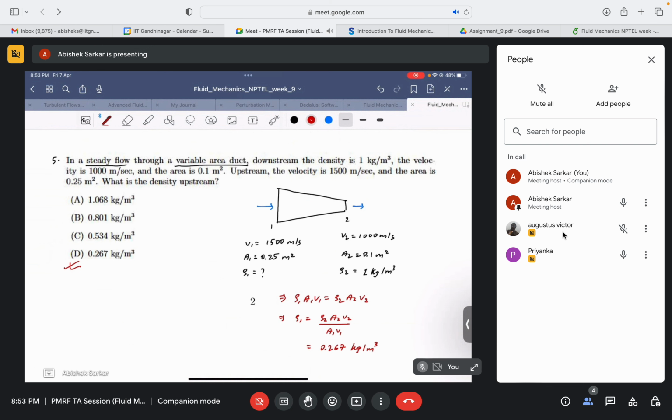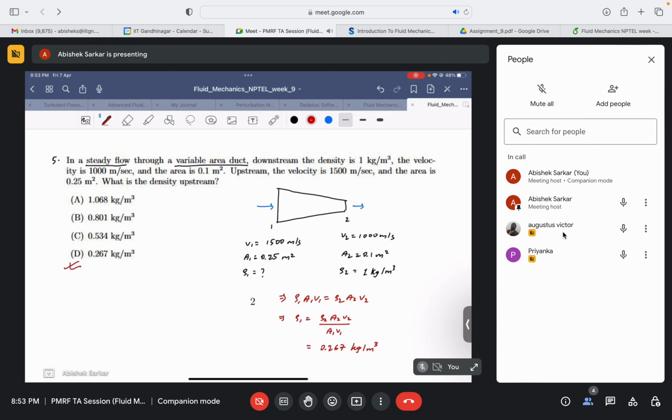So both area and density are varying. It's very appreciable that you rightly pointed it out. But what's the phenomenon that's occurring, or what kind of flows are called, where both the density and areas are changing, or essentially why is density changing? What are such types of flows called?